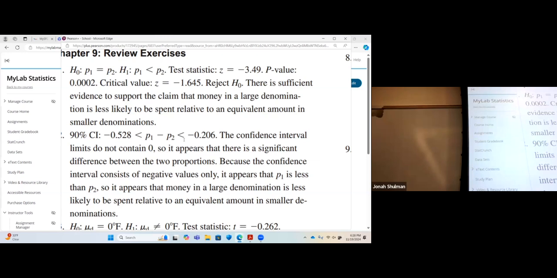Our HA was this, less than 0, right? And both of our confidence interval limits are negative numbers. That's why it's the same exact answer as we got for the first one. They're both able to reject the null. We can never say we're accepting the alternative, but this lets us know that yes, we are rejecting.